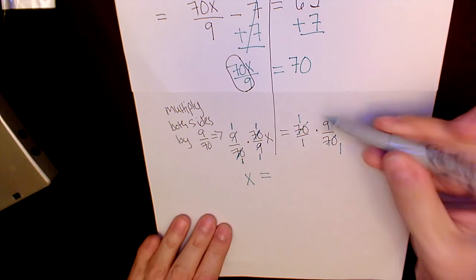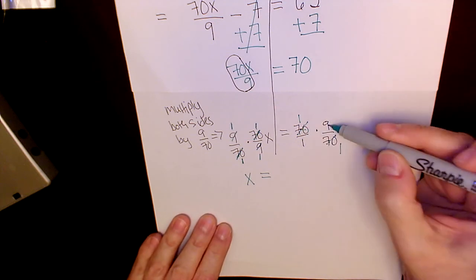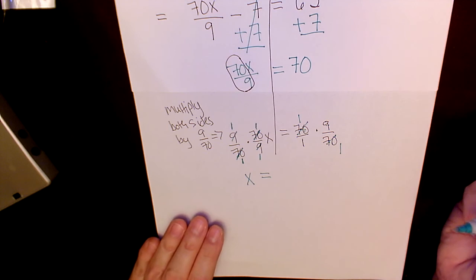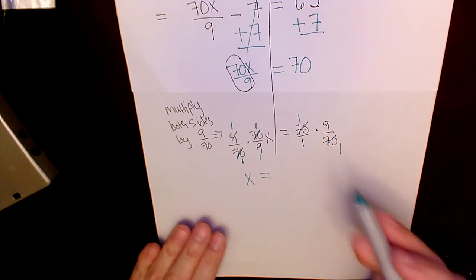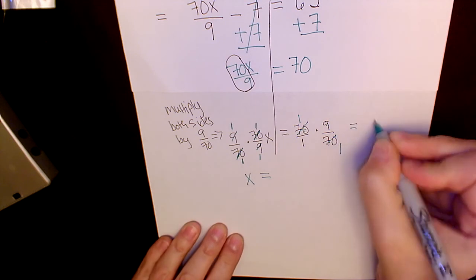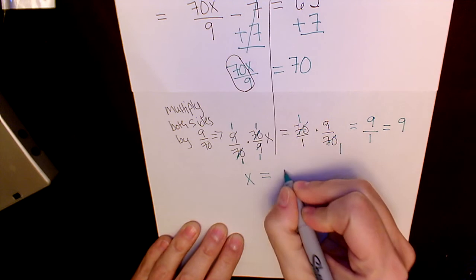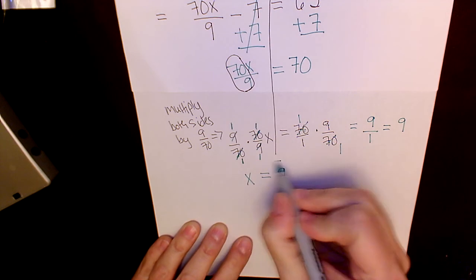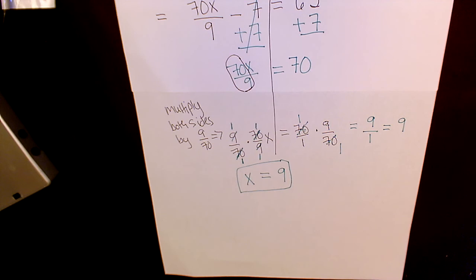Remember, I can cancel diagonally and up and down, but I can't do next door neighbors. So these cancel, and I'm going to multiply across. 1 times 9 is 9, 1 times 1 is 1. So 9 over 1 is 9. So I've got x equals 9.